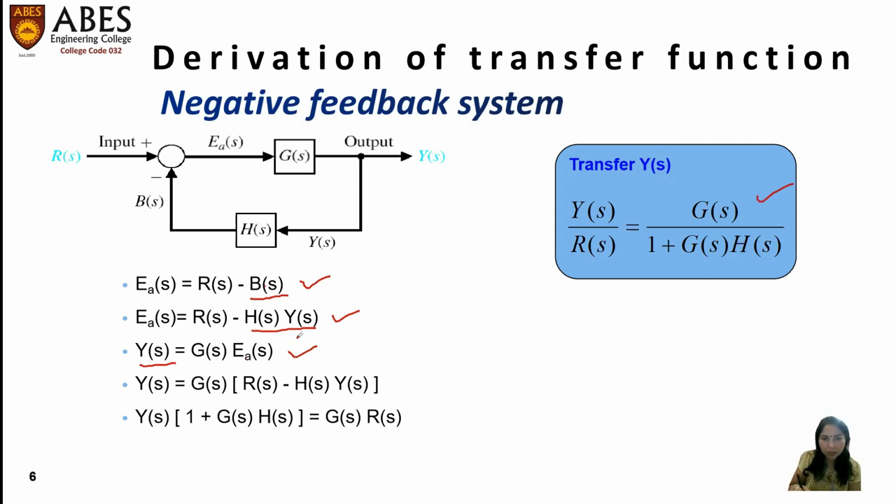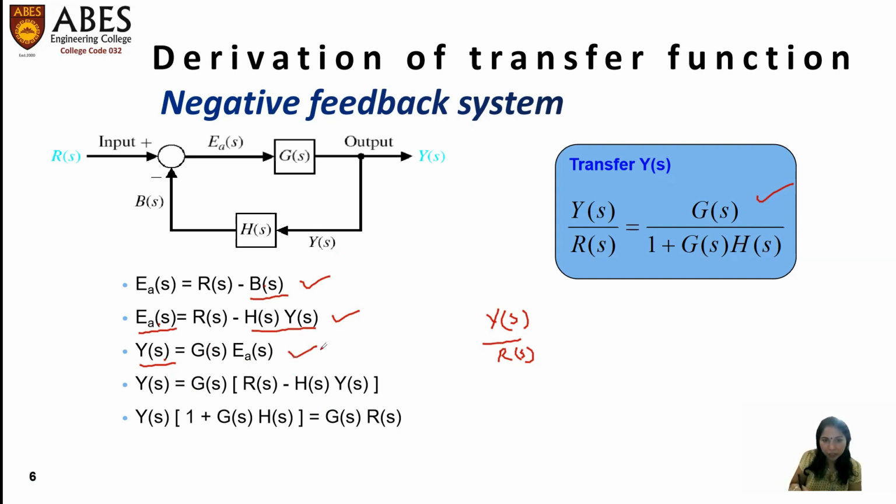Now ultimately I want Y(s) upon R(s), right? For this, I want the whole second equation in terms of R(s), H(s), Y(s). So instead of E_a(s), I will substitute E_a(s) with Y(s) upon G(s).